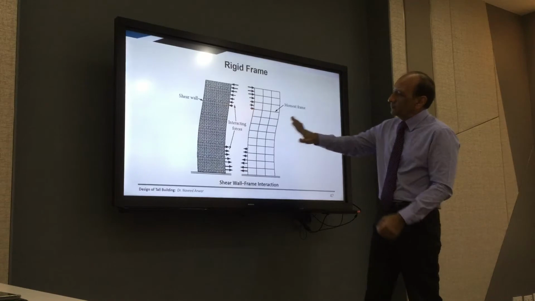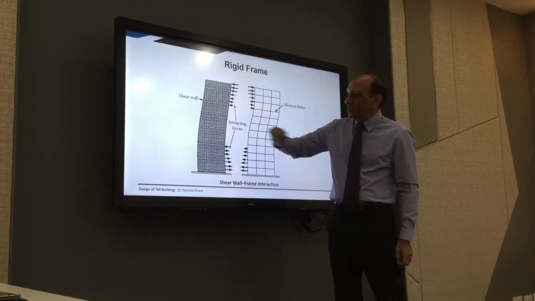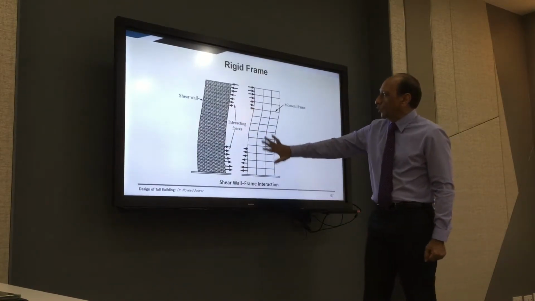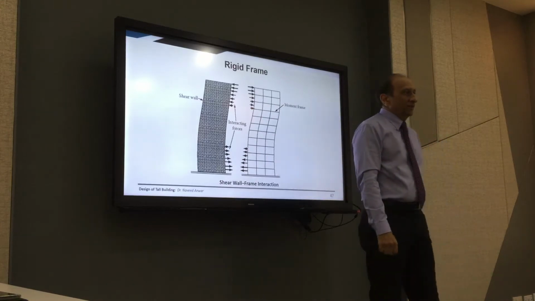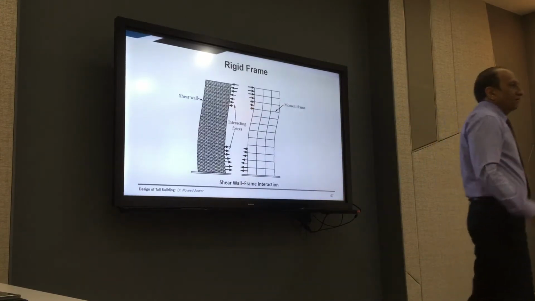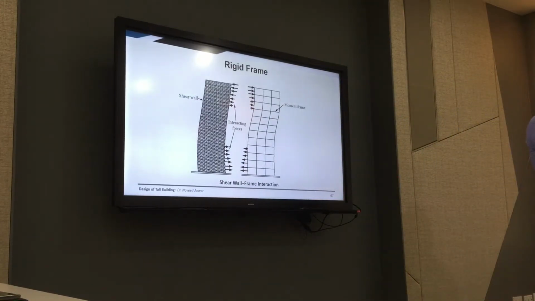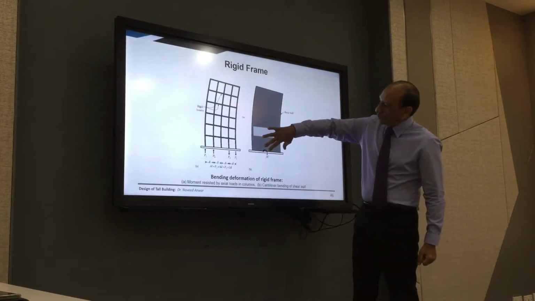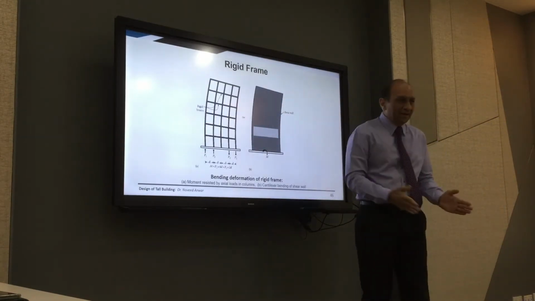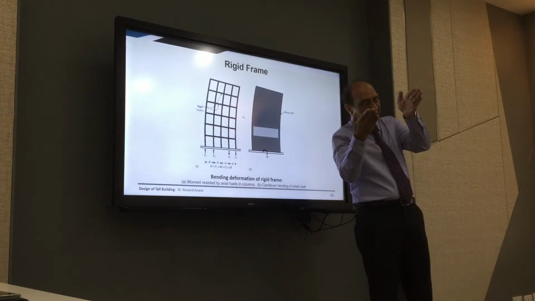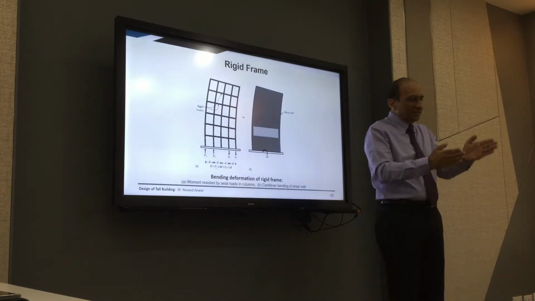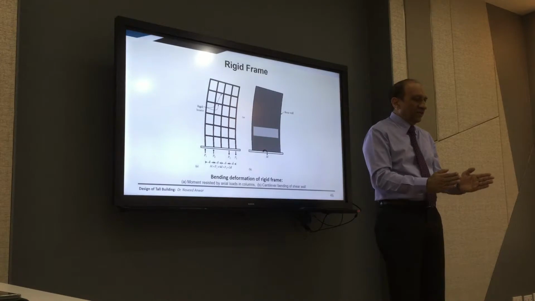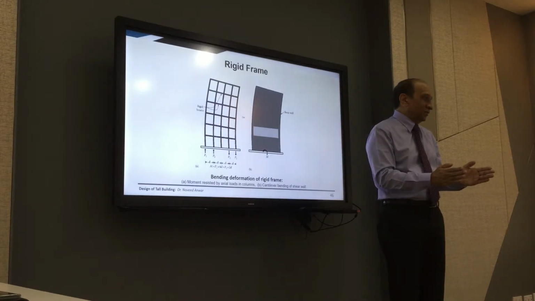So this is a pure shear behavior. This is a pure flexure behavior. And when you put these side by side, they interact with each other, because a pure wall will bend as a cantilever. So it will go like this. In the beginning, there will be very small deformation close to the base, as you can imagine.